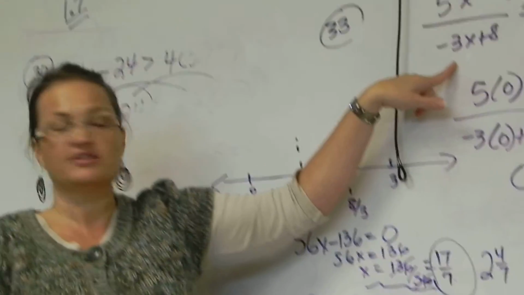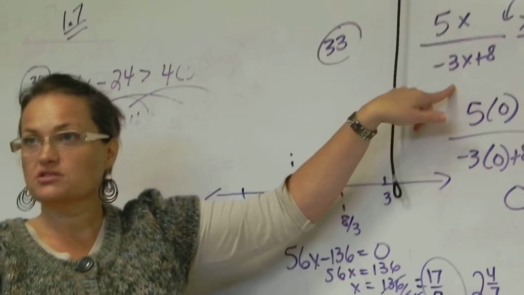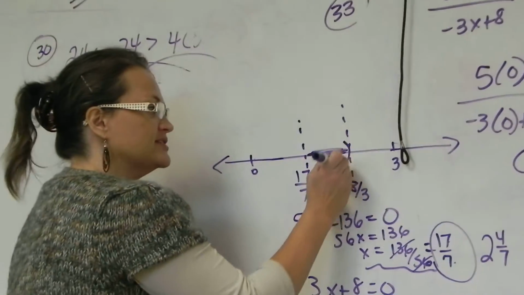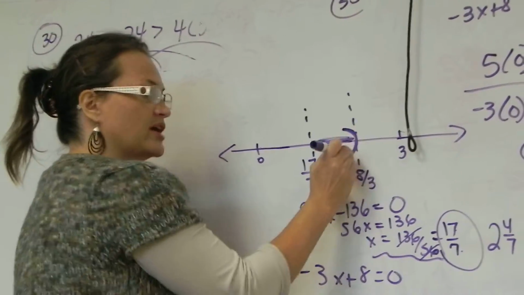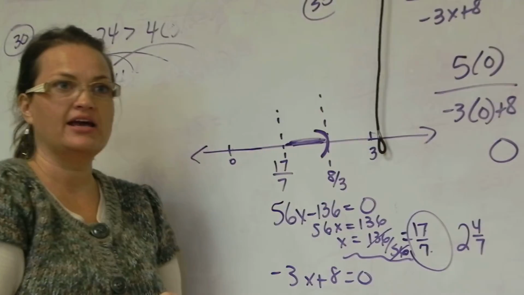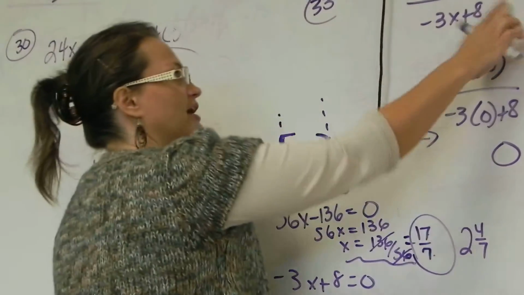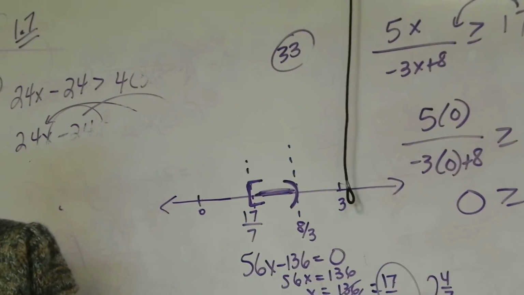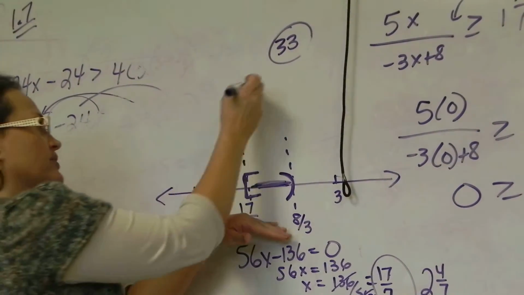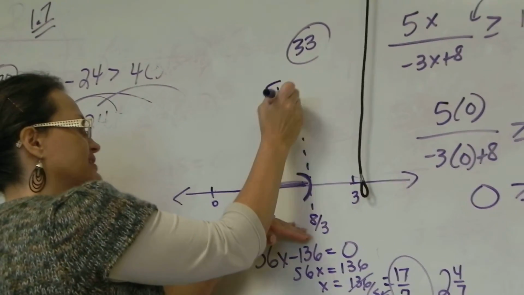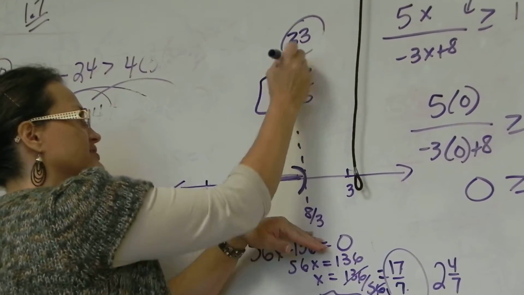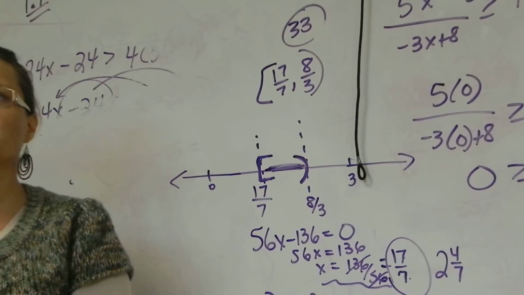We still use a parenthesis on the 8/3 part. Whatever makes the denominator 0, we cannot include that as a solution, but use a bracket if there's a line under it on the other boundary. Okay, so the final answer is bracket 17/7 to parenthesis 8/3, just that small little region.